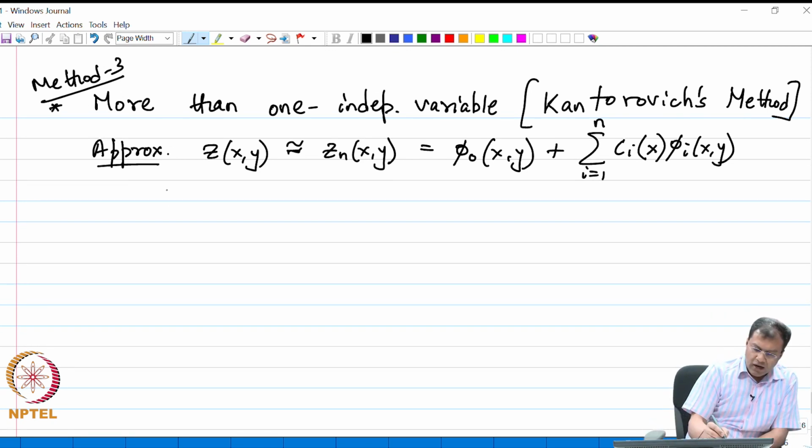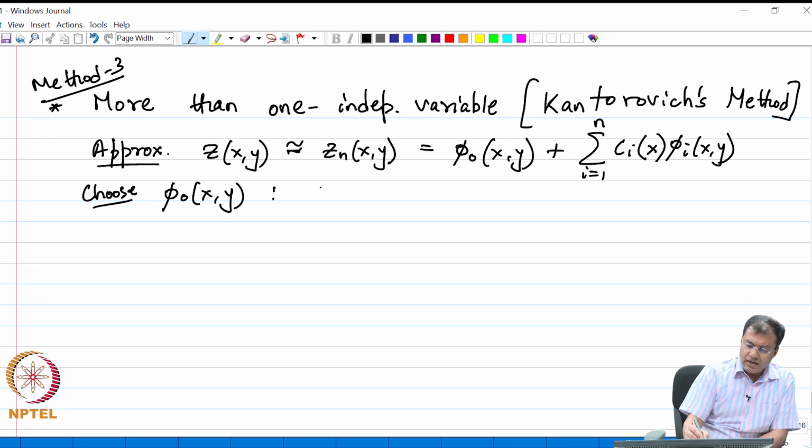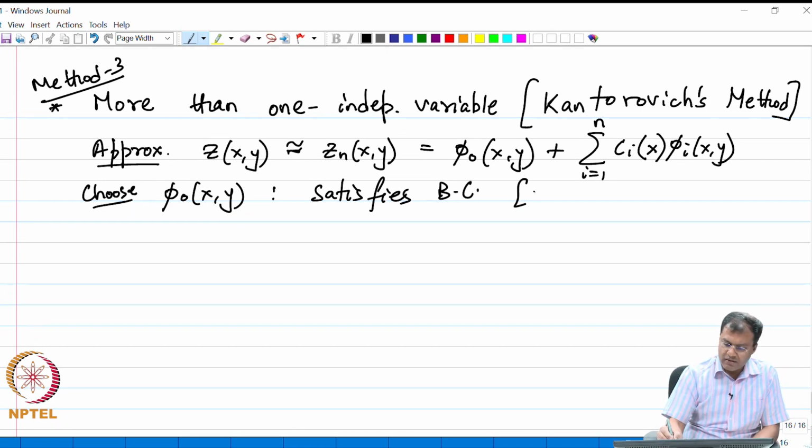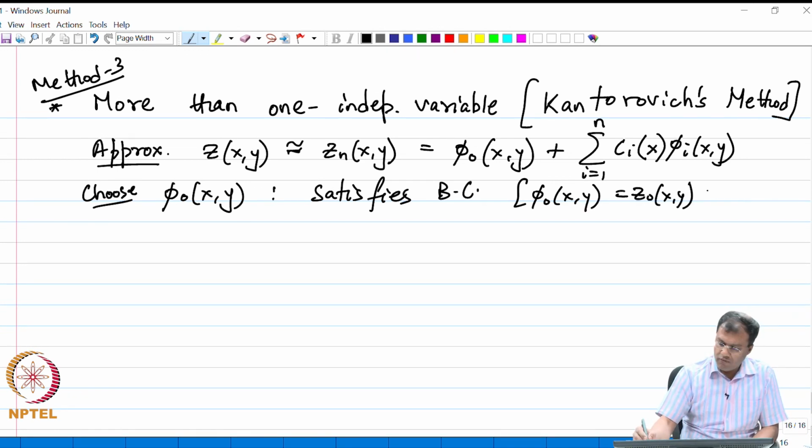Again we choose phi_0 of x, y such that it satisfies the boundary condition, the same principle as we did with the Ritz method. That is, phi_0 of x y is equal to z_0 of x y for all x comma y on the boundary of the domain.